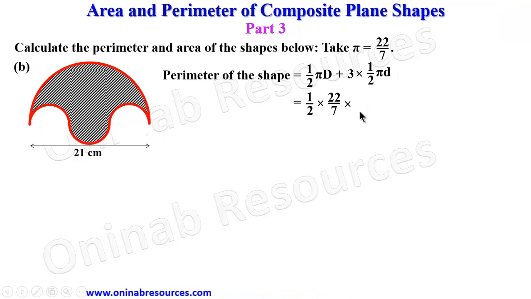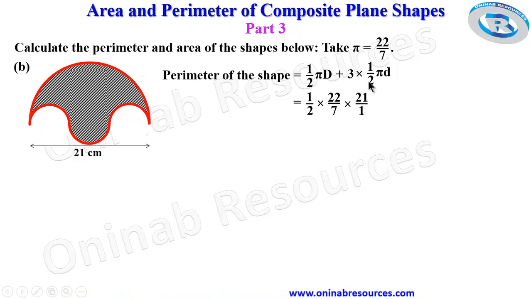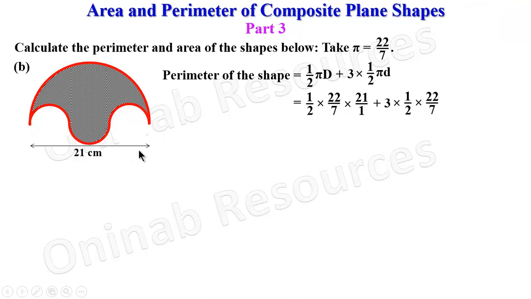So that's 21/1, plus 3 times 1/2 times 22/7 times d. Our d is going to be 21 divided by 3. This is the diameter of the small semicircle, the second diameter of the second semicircle, and here is the third diameter of the small semicircle. So 21 divided by 3 gives 7.